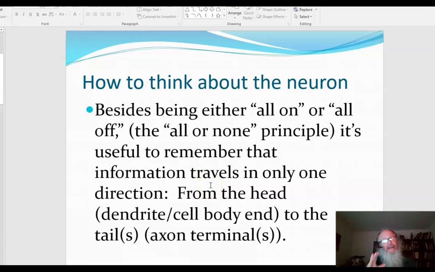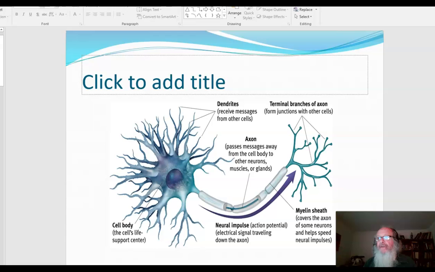Besides keeping in mind the all or none principle, that the neuron is either on or off, it's also useful to remember that information travels in only one direction in the neuron, from the head of the dendrite, the cell body end, to the tails, the axon terminals. So that's what this arrow right here represents.